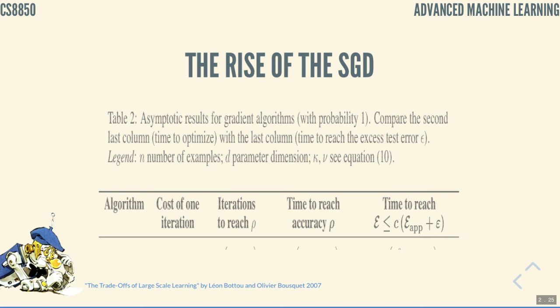And one of the claims was that not only is it faster to compute, but it actually converges faster, not just because it's taking more steps in the same time, but it actually leads to convergence much faster.